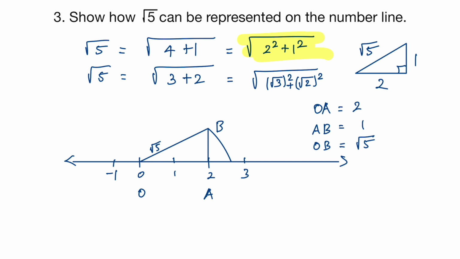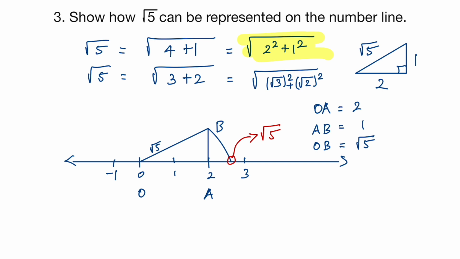The point where it cuts the number line is going to be root 5. That is how you plot root 5 on a number line.